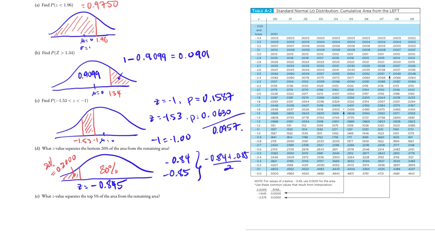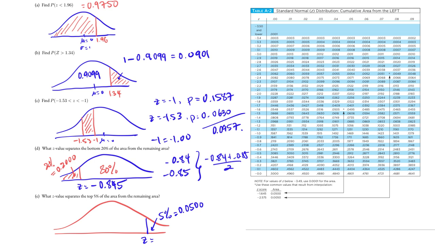Next, find the z-value that separates the top 5% from the remaining area. And so first we draw the curve. This time we're looking for the top 5%, which is 0.0500, and we're looking for this z-score.